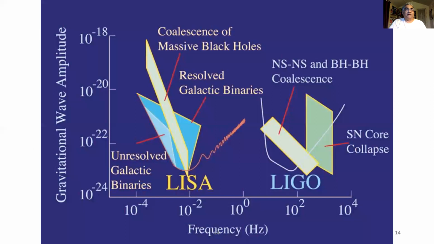In the same way, gravitational wave astronomy also has bands. LIGO, the ground-based system, is sensitive to gravitational waves with frequency between 10 hertz and maybe a kilohertz. That's its sweet spot. In contrast, a European mission called LISA has a sweet spot of about 10 millihertz to a tenth of a millihertz.